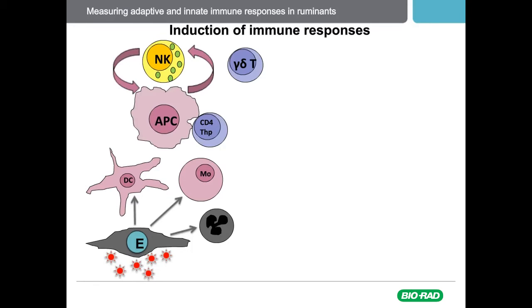And what we can see here is how the innate immune system begins to interact and bridge with the adaptive immune system through antigen presenting cells, which will interact with CD4 T cells, but also interact with other cells such as natural killer cells and gamma delta T cells that will be involved in that very early stage of the immune response.